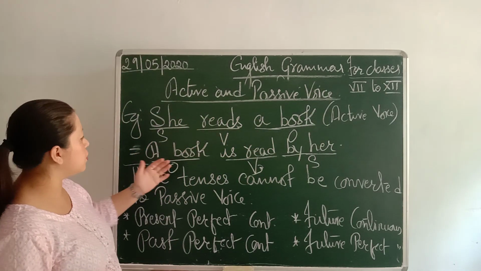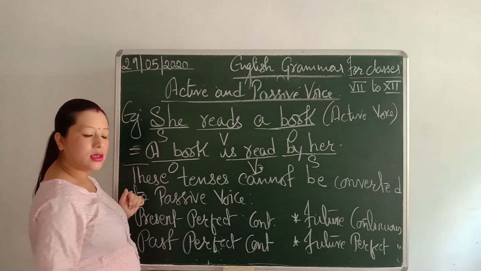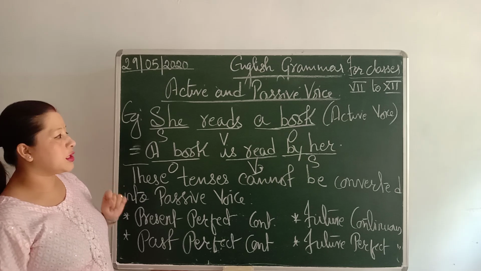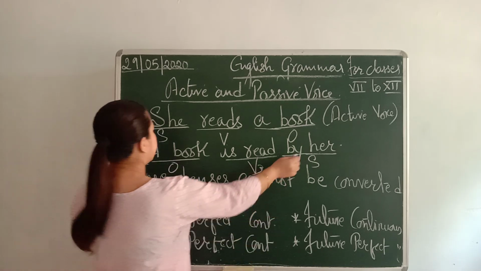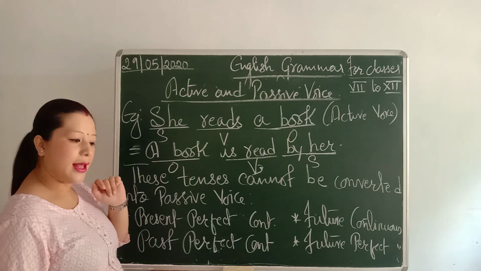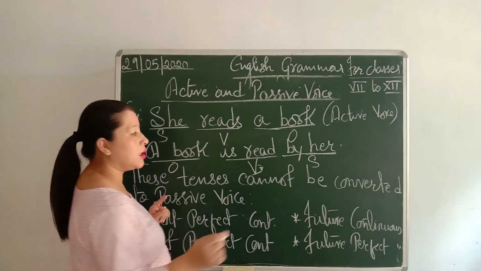So this is how you have changed an object into a subject. You brought object into front, so this became a subject. So you have used a suitable helping verb, and instead of she, you use her. So the next point is you have used a preposition by.